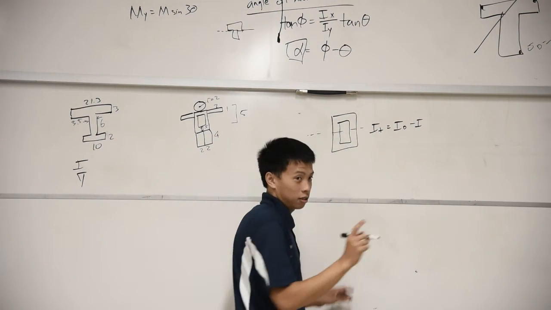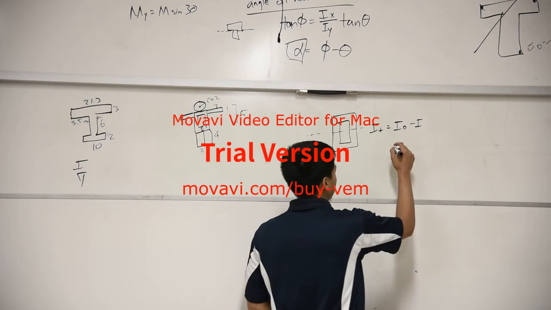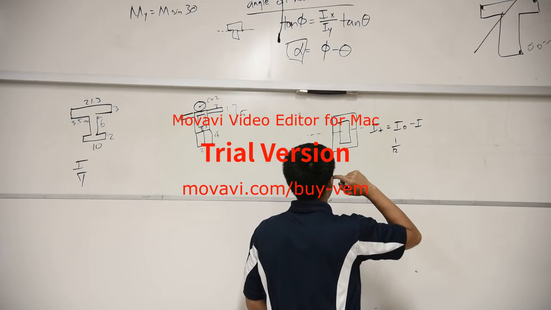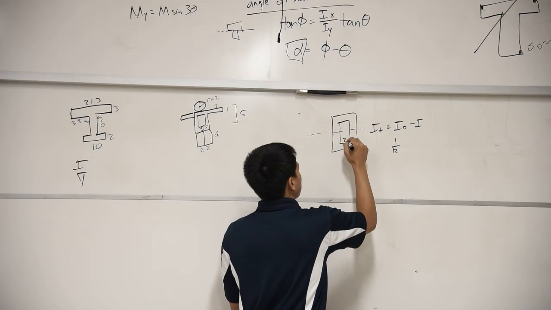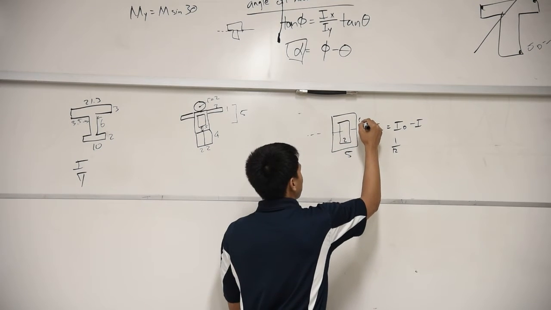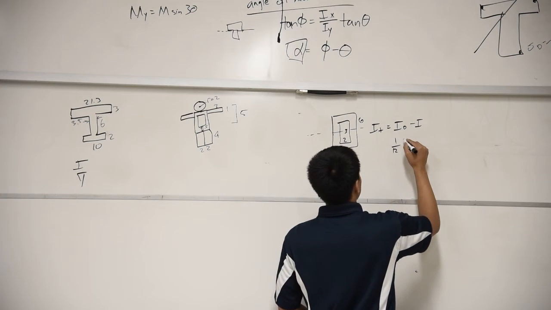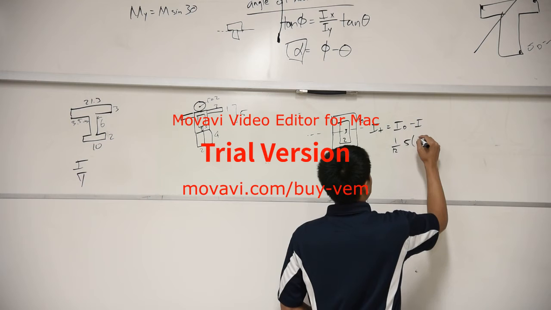If it's symmetrical, and the neutral axis is in the middle, it's pretty easy. Let's pick some numbers here: 5, 2, 6, 3. My outer is going to be base times height.